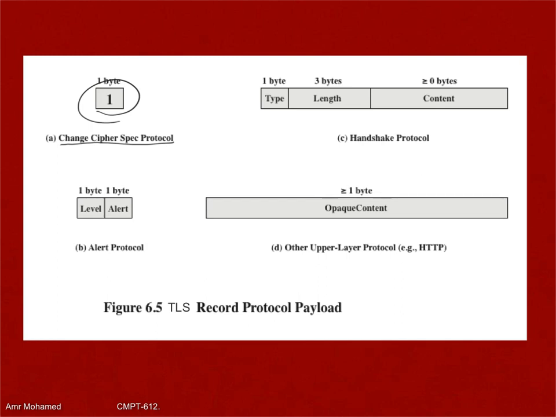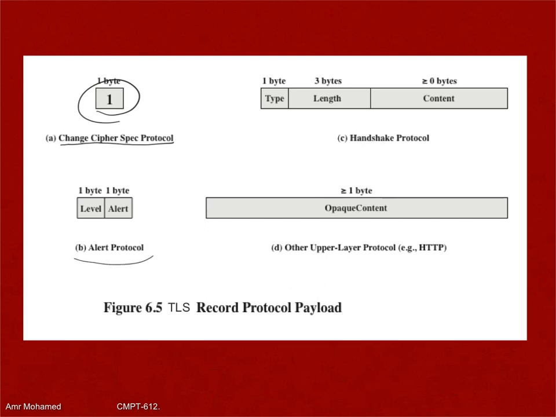So it can be as simple as sending one flag to say change cipher spec. You may in fact perform a handshake and instantiate another cipher spec. Once you send this message, for all the upcoming connections, you need to use that particular cipher spec.